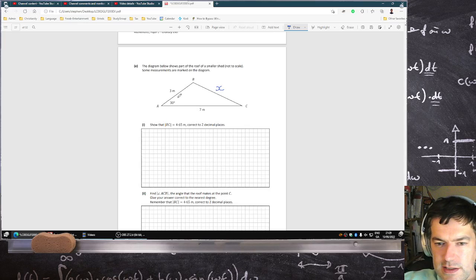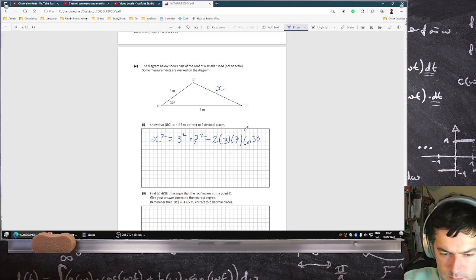This is the cosine rule. X squared equals 3 squared plus 7 squared minus twice 3 times 7 times cos 30. So that means x squared equals 52.80 blah blah blah.